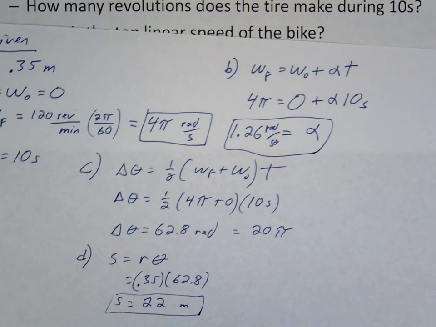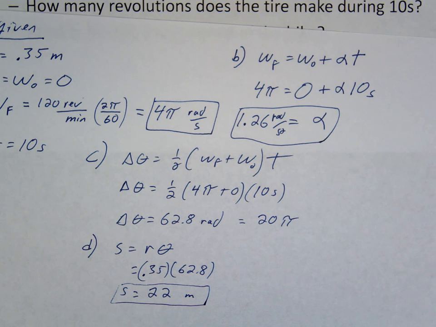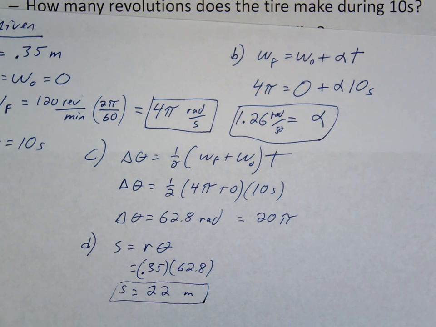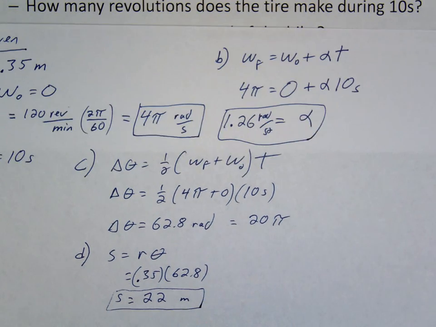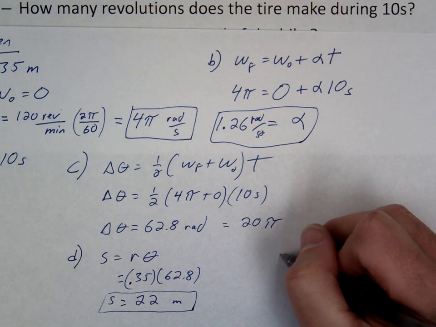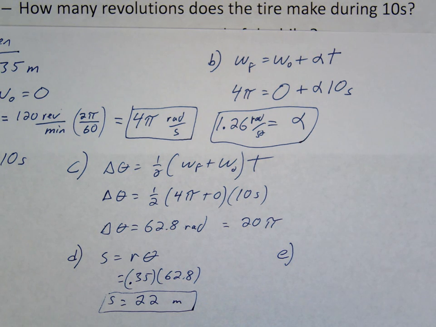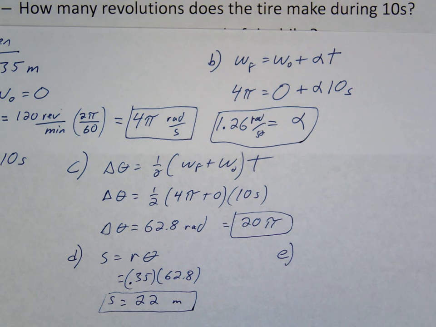Okay, letter E. How many revolutions does the tire make during the 10 seconds? So this one, yeah, keeping it in a pi term actually helps solve this quickly, right?